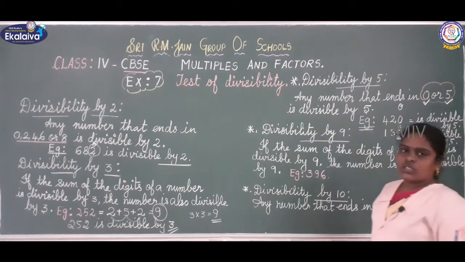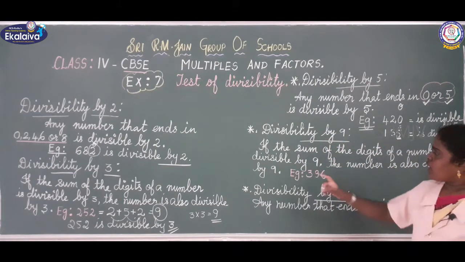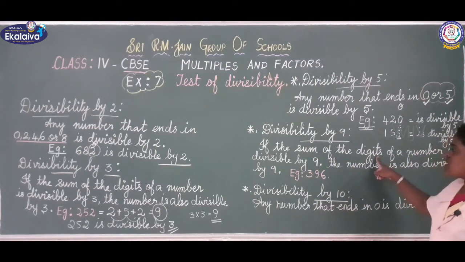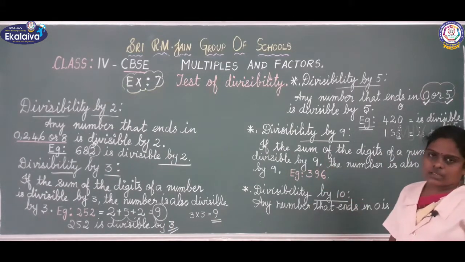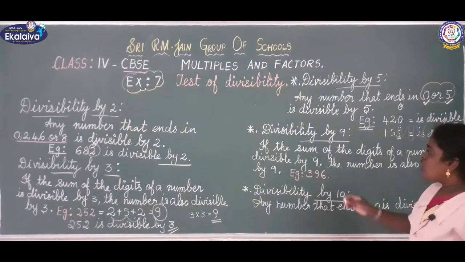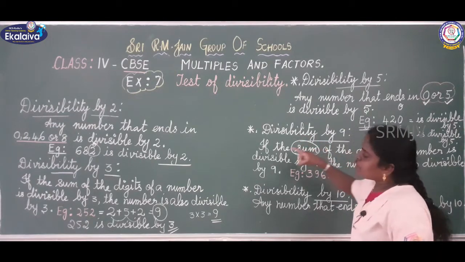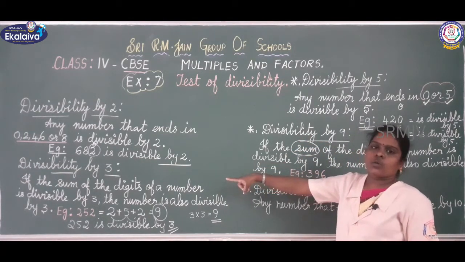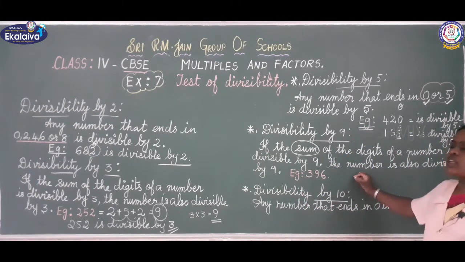Now look at the next rule. Divisibility by 9. If the sum of the digits of a number is divisible by 9, the number is also divisible by 9. Look at the word sum. So like we did in the divisibility rule of 3, here also we have to find out the sum of the digits.